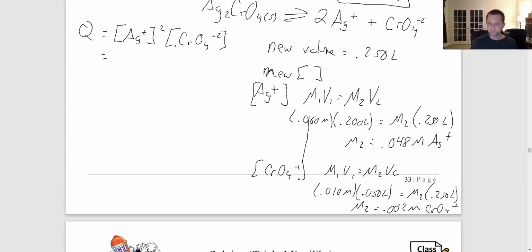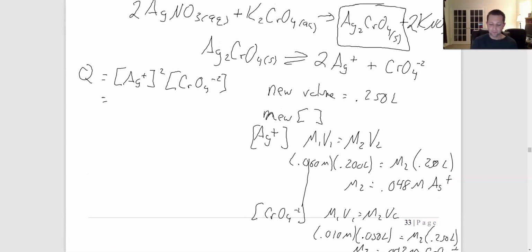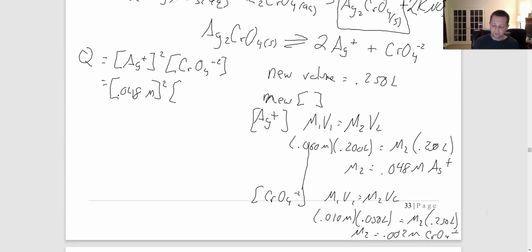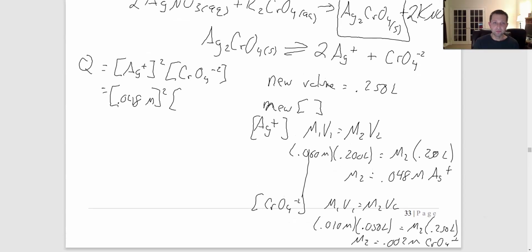Now, this is super easy. We found our new molarities of silver and chromate. All we have to do is plug them into our Q expression. To find Q, we have our new concentration of silver, 0.048 molar, and our new molarity of chromate, 0.002 molar.